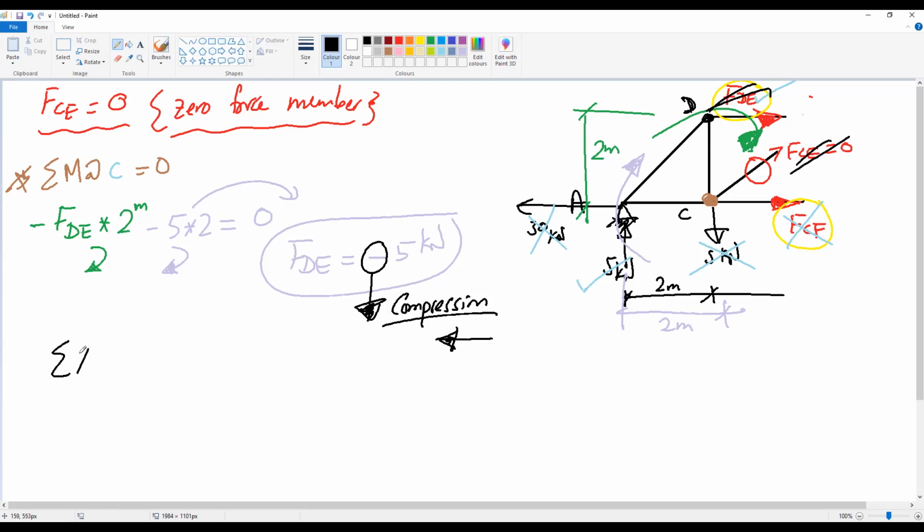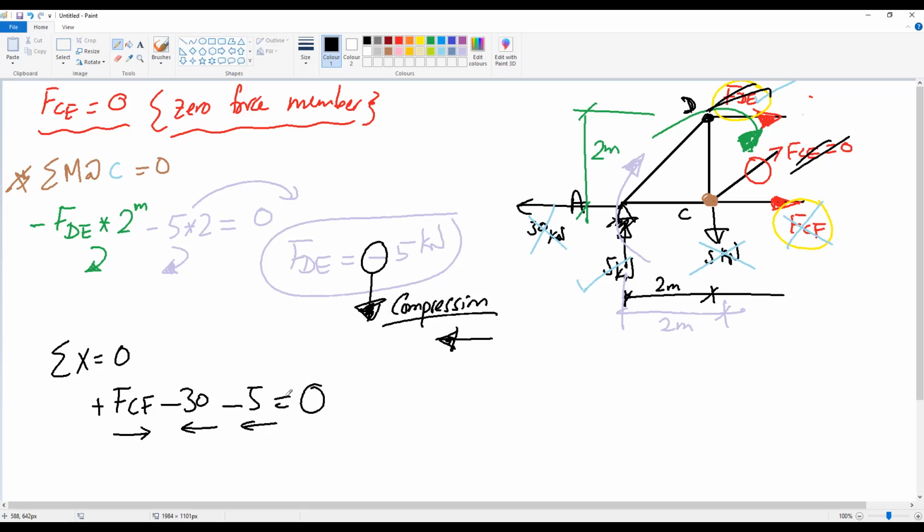If we apply summation of x equal to 0, we can now find FCF. How much is FCF? We have FCF positive because we assume it goes to the right, and we have negative 30 because it goes to the left, plus or minus FDE. FDE actually goes to the left, so negative 5.